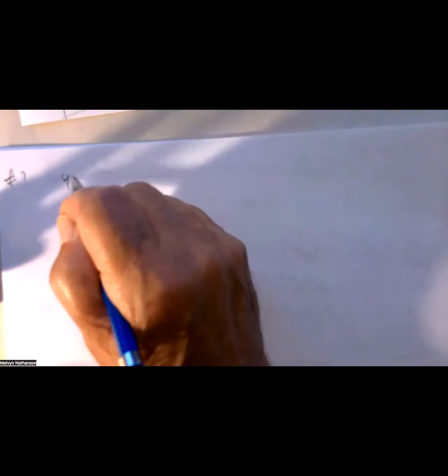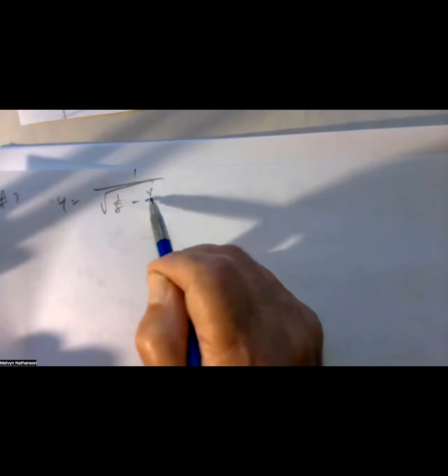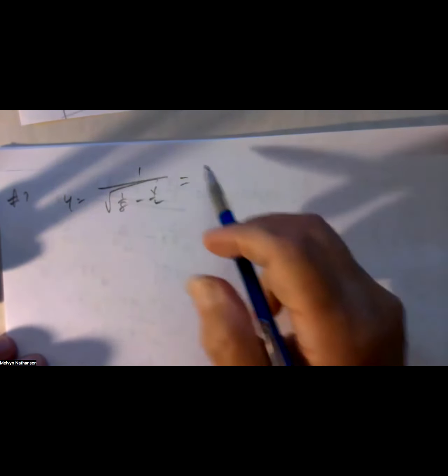So this is for problem number 7. Y is equal to, this is solving the initial value problem, 1 over the square root of 1/8 minus x over 2. Let me simplify that a little bit.